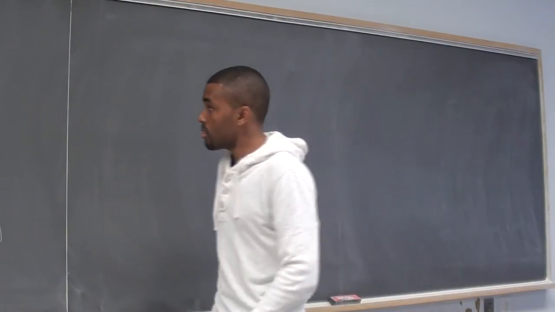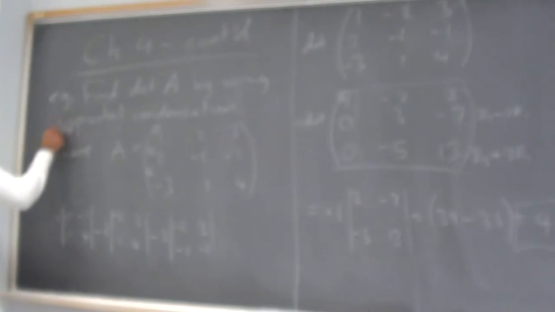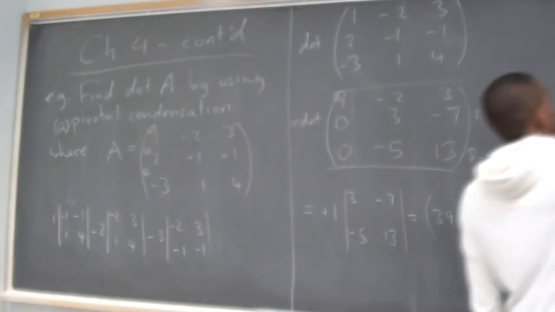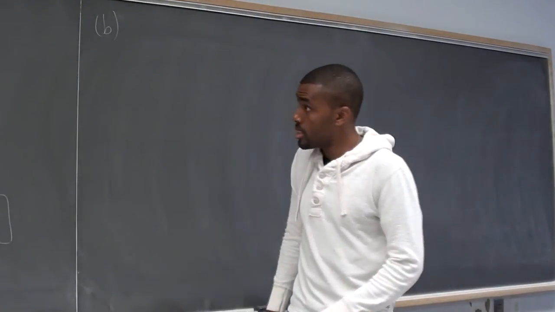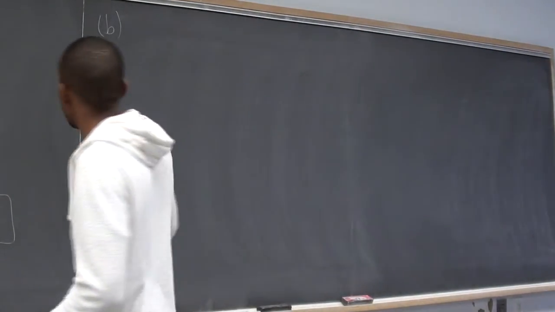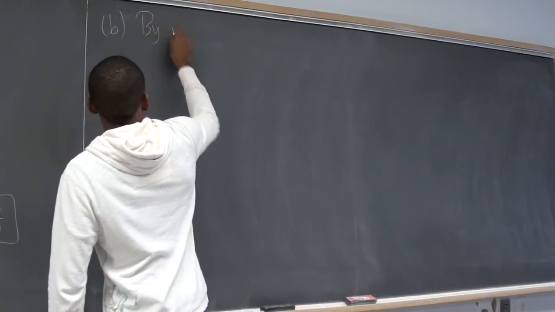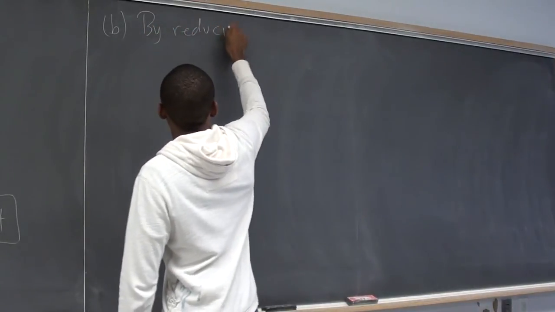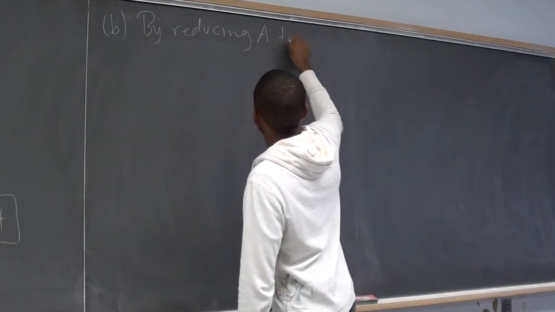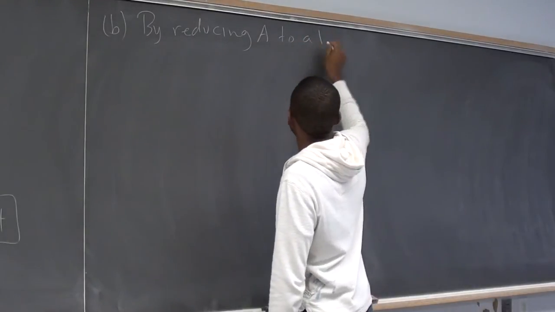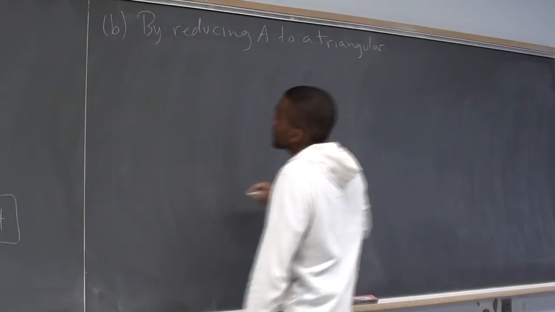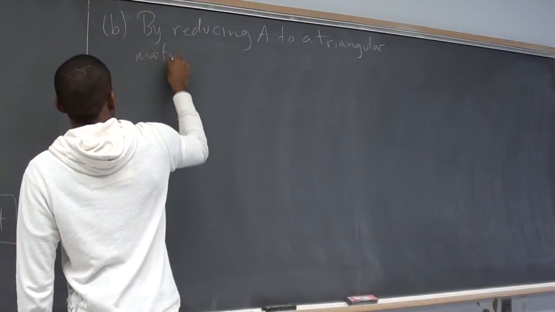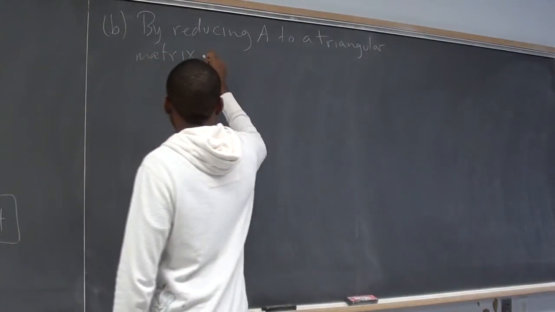That's it, really. Let's do this another way then. Part B. Sometimes they've actually asked this in a final before, I think: find the determinant by reducing A to a triangular matrix.